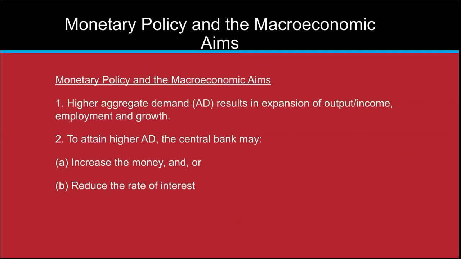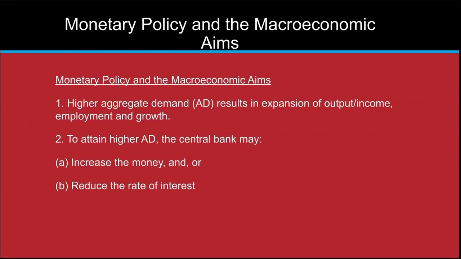So let's start with monetary policy and the macroeconomic aims. The first part is achieving higher aggregate demand. Higher aggregate demand results in expansion of output, national output or national income, employment and growth.